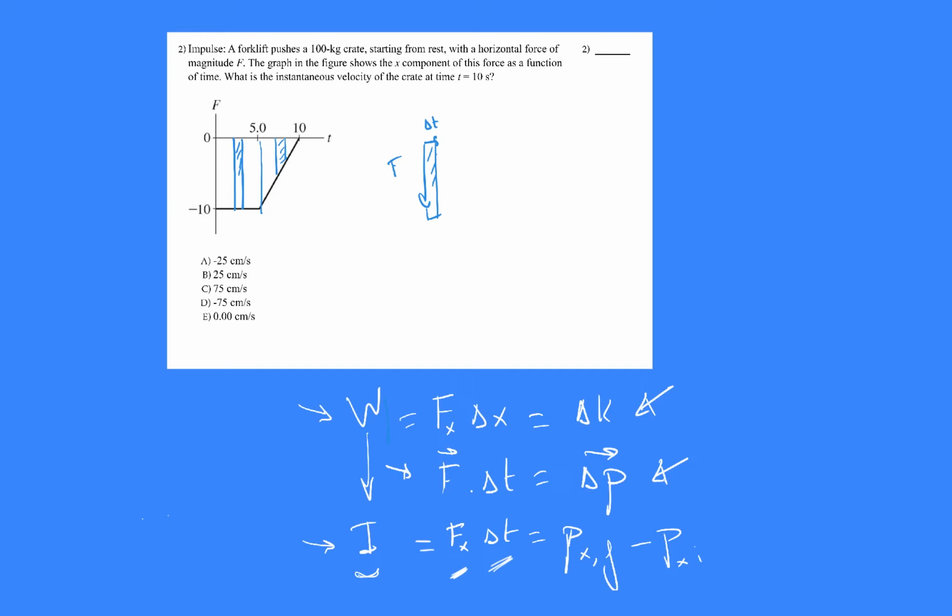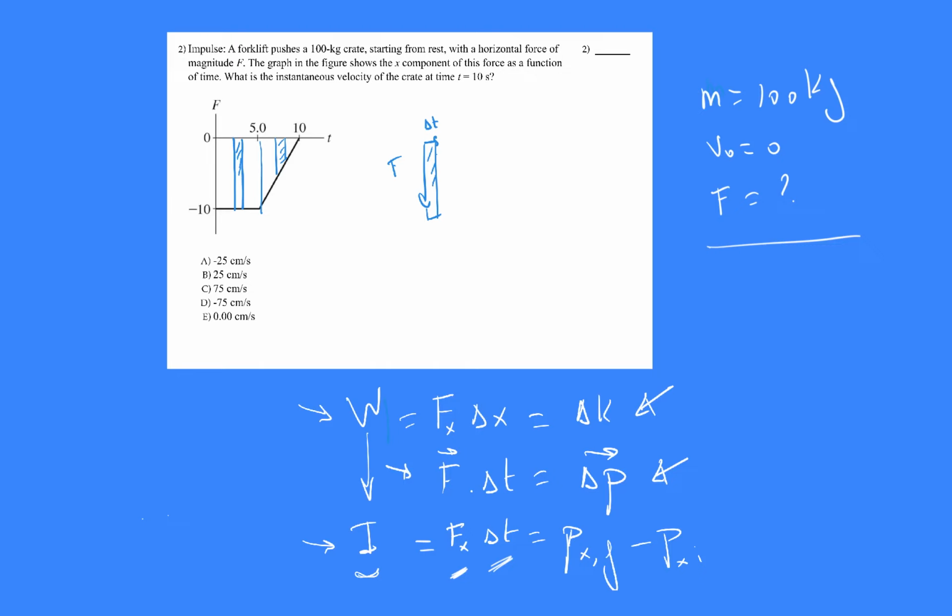read what it says. The problem says a forklift, I don't know what a forklift is, pushes a crate of mass 100 kilograms, starting from rest, so initial velocity is 0, with a horizontal force of magnitude F, as shown in the picture.